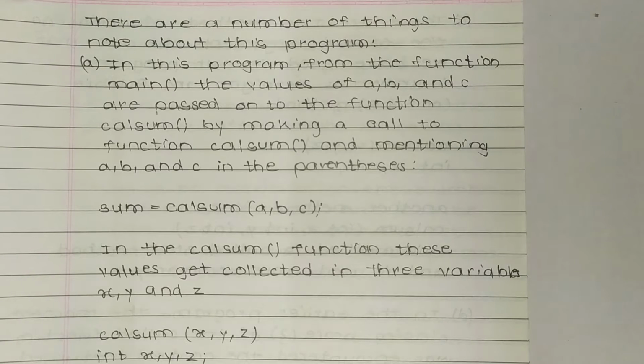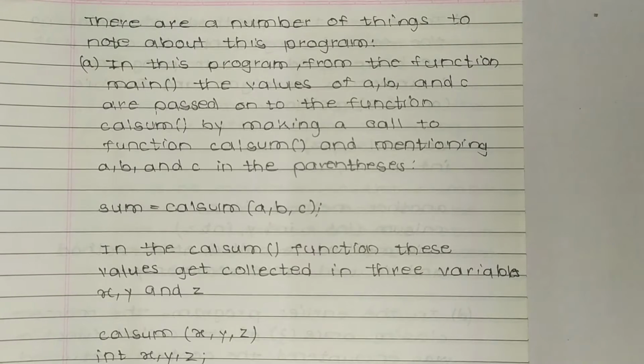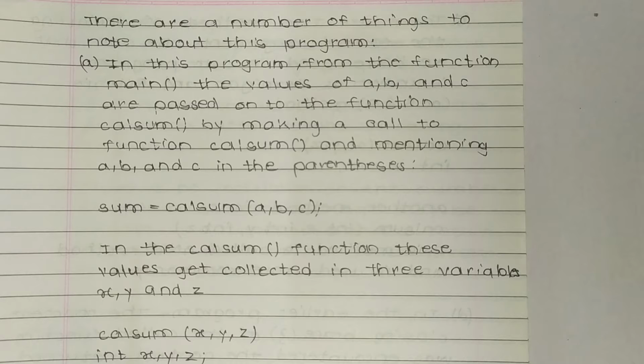Here we are mentioning sum is equal to function calsum. In the calsum function, these values get collected in three variables x, y, and z. That means a is x, b is y, and c is z now.